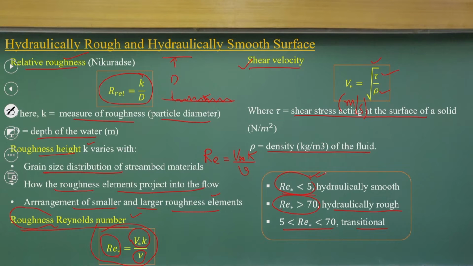The same way, we define it here in terms of the roughness Reynolds number. When the roughness Reynolds number is more than 70, we define it as hydraulically rough conditions, where the roughness thickness is larger than the thickness of the laminar sublayer.